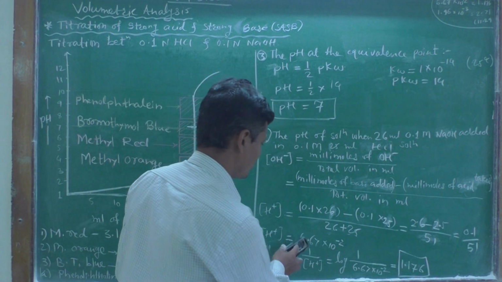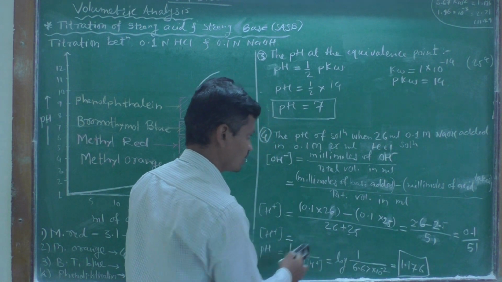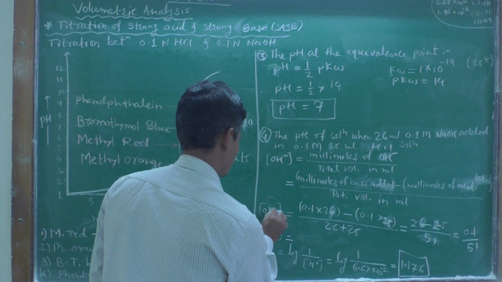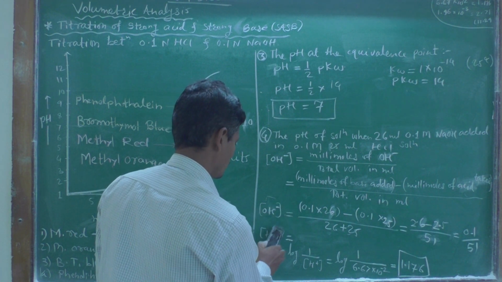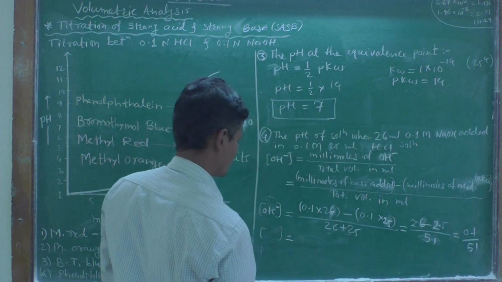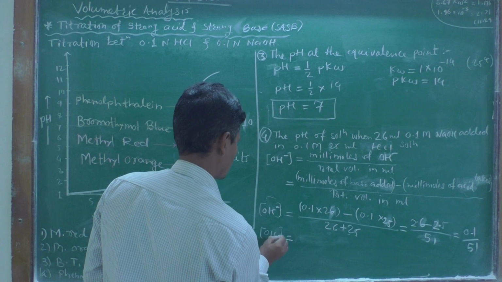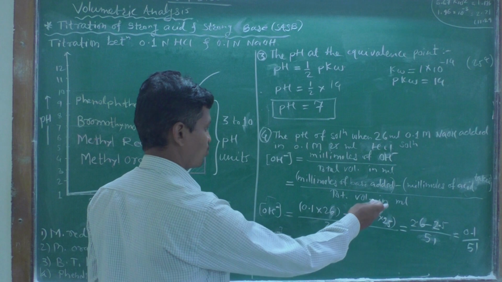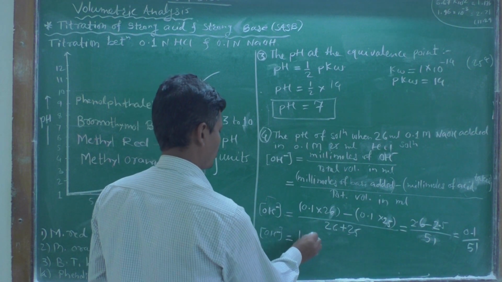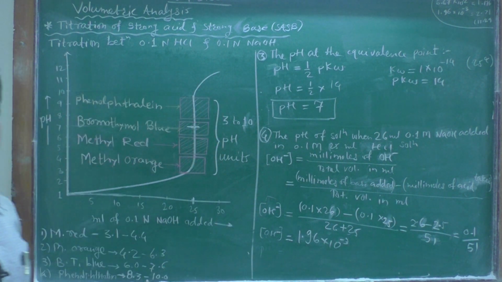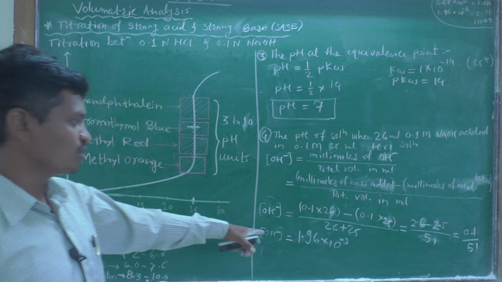Okay, so the answer will be the OH minus ion concentration here. So the concentration 0.1 divided by 51 becomes 1.96 into 10 raised to minus 3. This is the OH minus ion concentration.